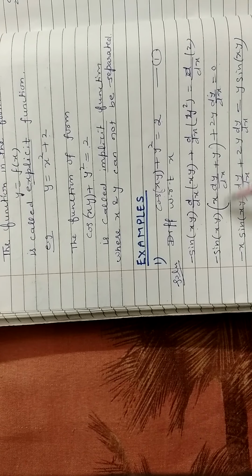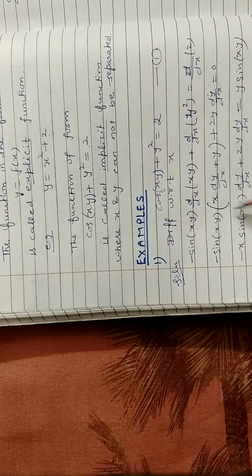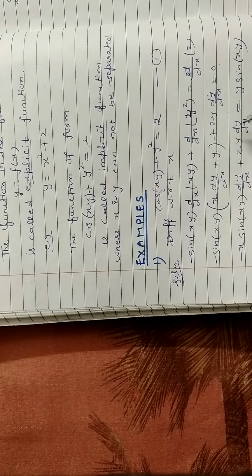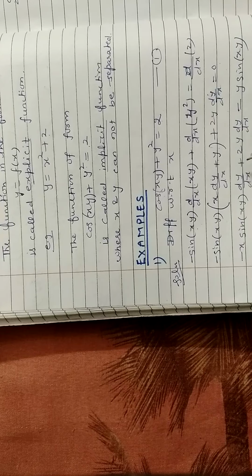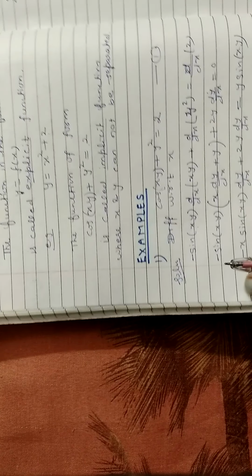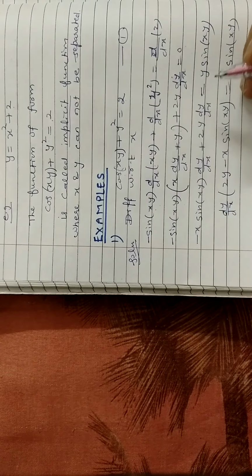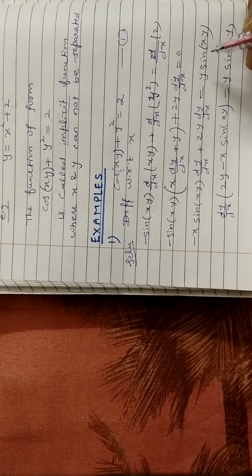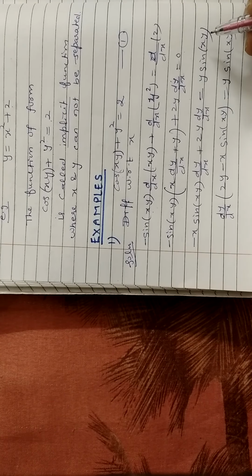So from here you will get minus x sin(xy) dy by dx plus 2y dy by dx equals this. Means you will separate the terms which contain dy by dx on the left hand side, and on the right hand side you will take other terms which do not contain dy by dx.